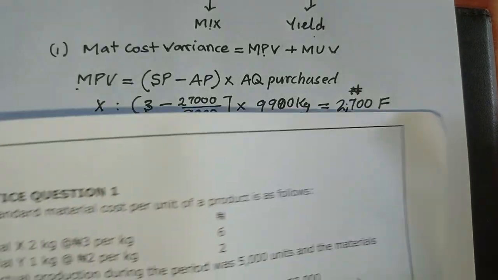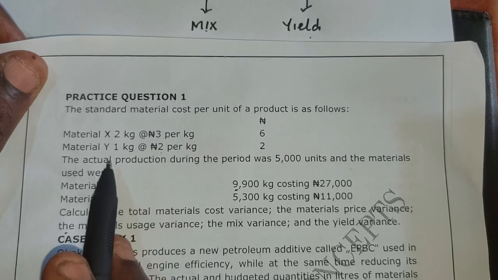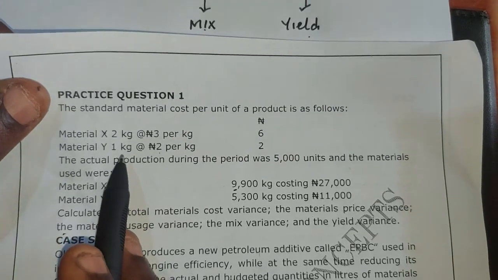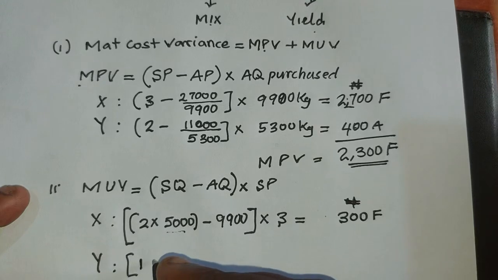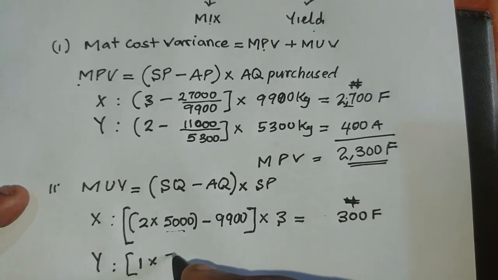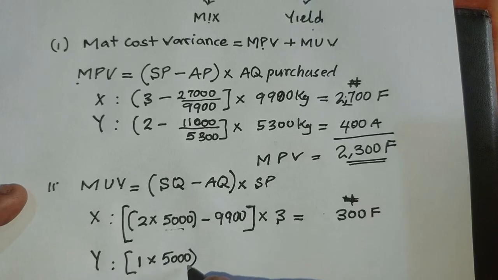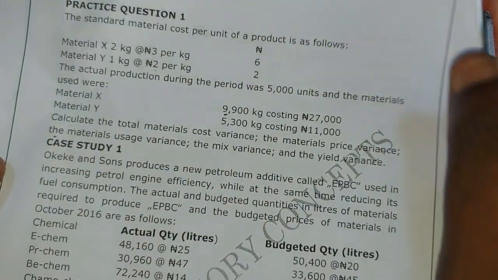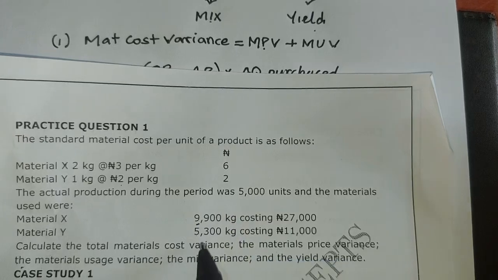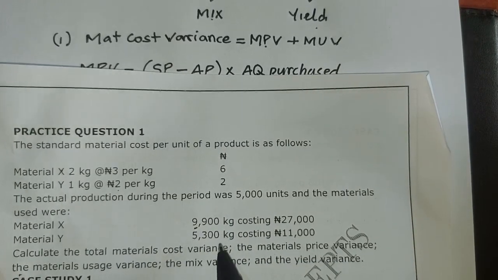Then for Y you do the same thing. What is the standard quantity? The standard quantity is 1 kg, which is 1 multiplied by the actual output of 5,000 units, minus the actual material consumed, which is the same as the purchase, 5,300.